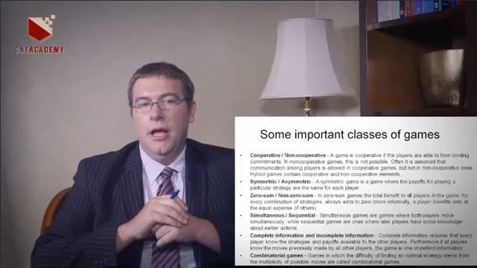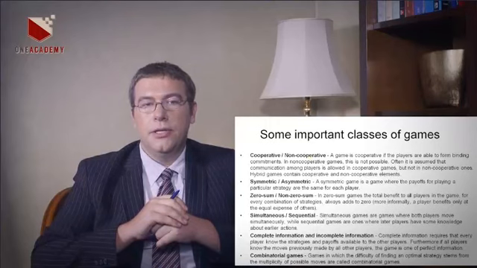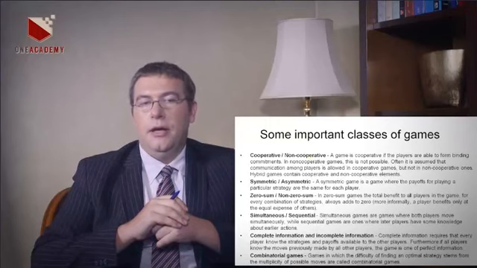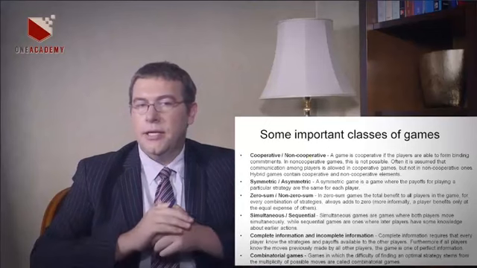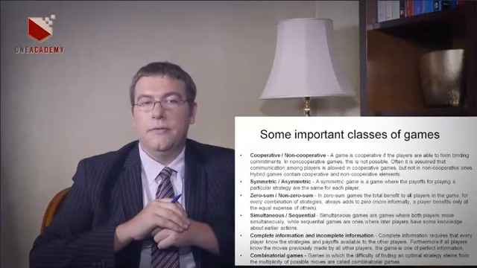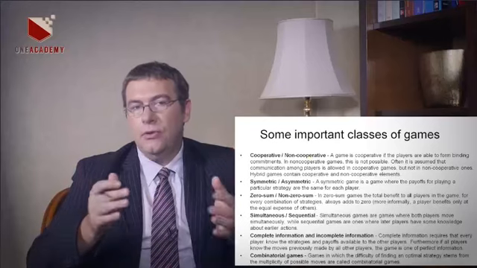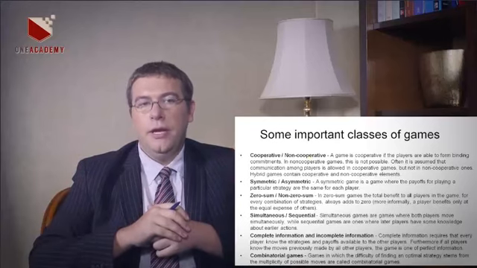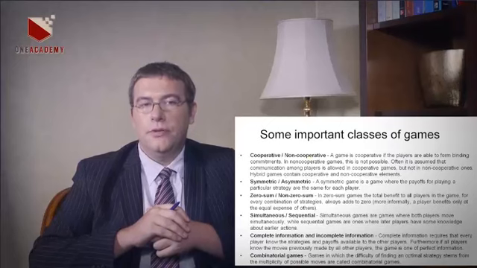Next distinction is between symmetric and asymmetric games. A symmetric game is a game where the payoffs for playing a particular strategy are the same for each player. And this is self-explained. Next distinction is the so-called zero-sum game and non-zero-sum game. It is a very important distinction. In zero-sum games, the total benefit to all players in the game for every combination of strategy always adds to zero.